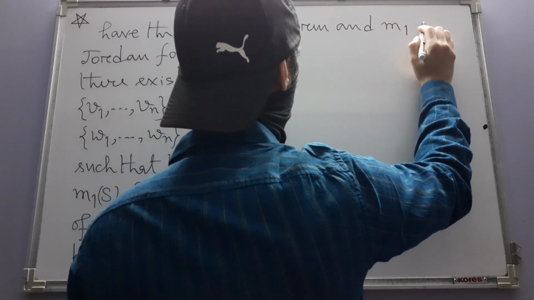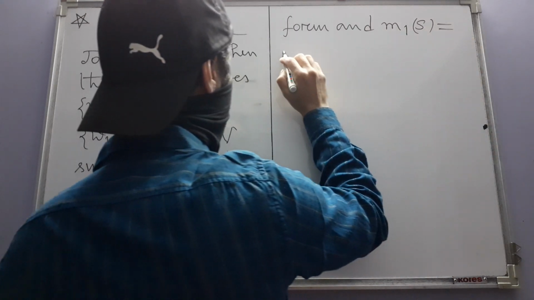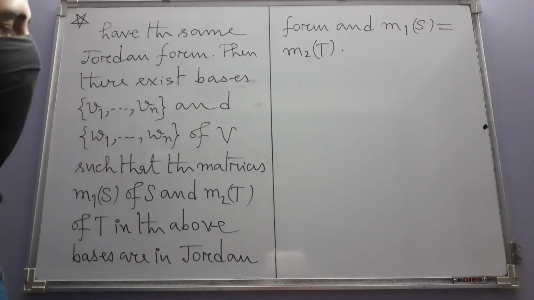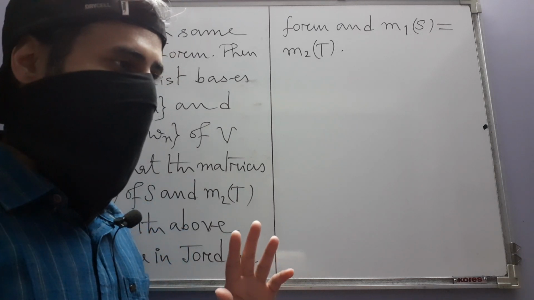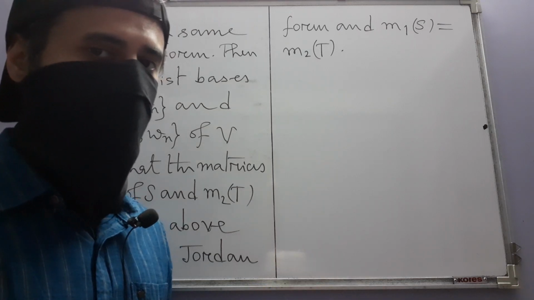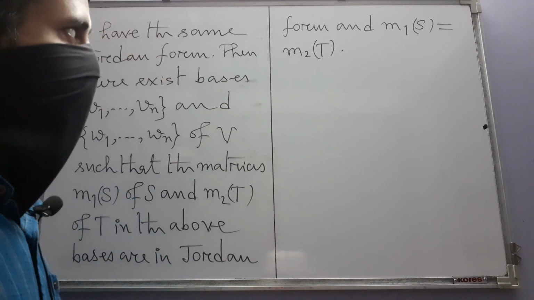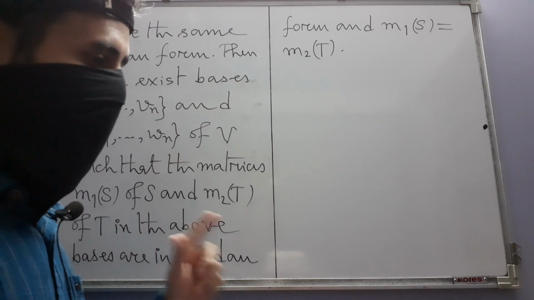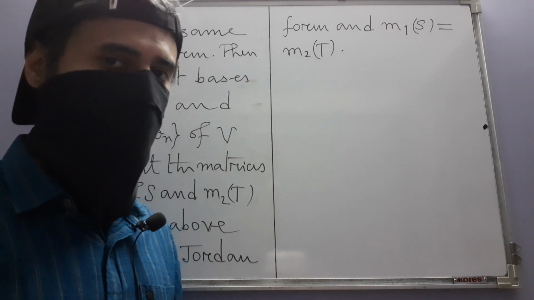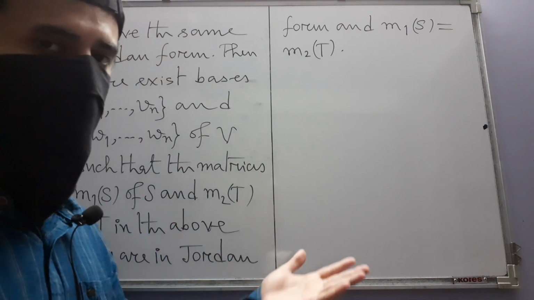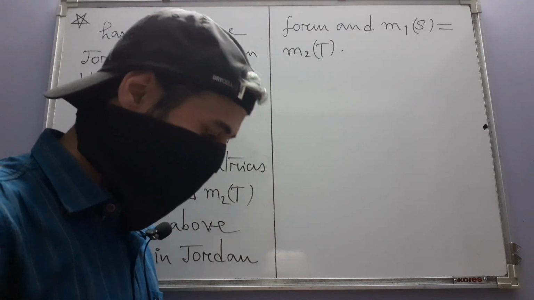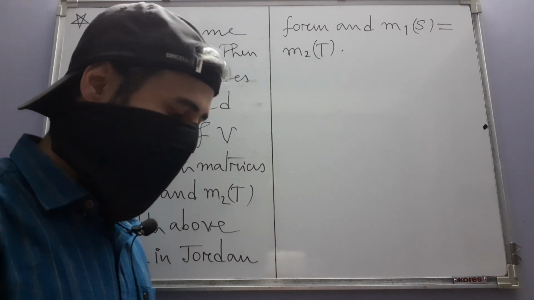And M1 of S is equal to the matrix of T, M2 of T. But we also know that when two bases are involved, we can have a change of basis matrix. And this fact we know from the section on matrices. And when this happens, you can find an invertible matrix that will give you a similarity of the two matrices, but then you can translate that into the language of operators. The specific result is theorem 6.32.